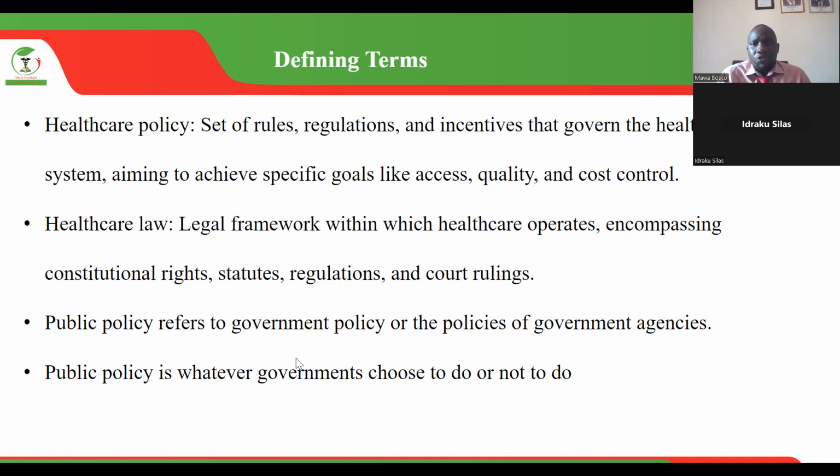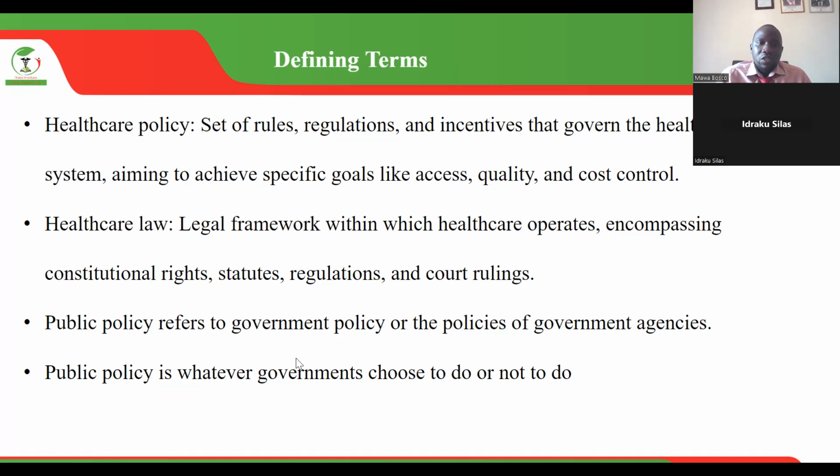Of course, under health policies, we have different policies, or different problems that can be addressed with specific health policy regulations. Together with the health policy, we have healthcare law. Healthcare law is the application of legal instruments to govern the operation of the healthcare industry.